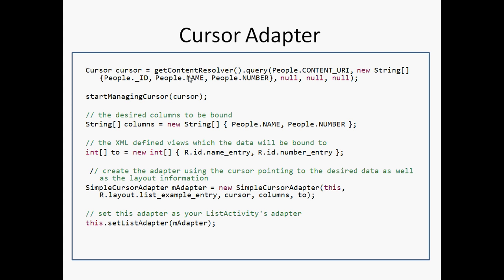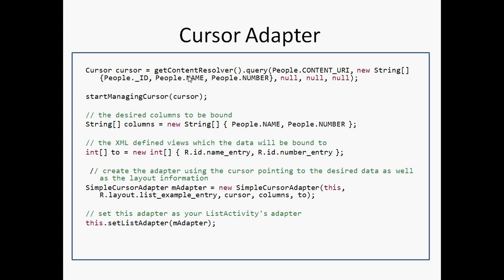Now this is the example of cursor adapter. In the cursor adapter, you will get a cursor object as a result of executing a query on the database. The cursor object contains the result set of whatever parameters you passed in the query method to specify which information you want from the database.